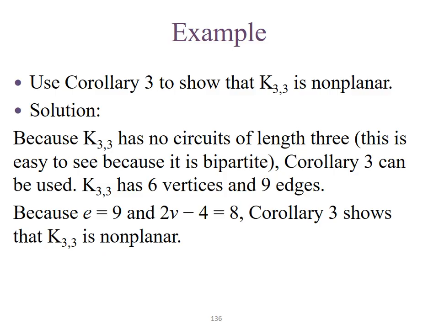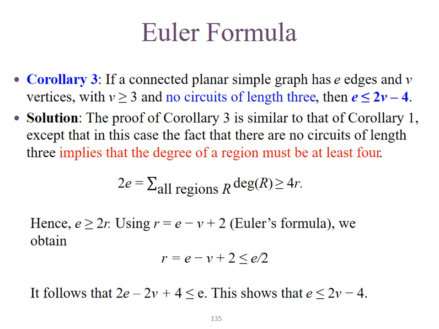Now we can use corollary 3 to show that K3,3 is a non-planar graph, because previously we have seen that it contains circuits of length at least 4, when you travel from this vertex 1, 2, 3, 4, right? So for K3,3, the circuits are of length at least 4. If the circuits are at least 4, then we can apply corollary 3.